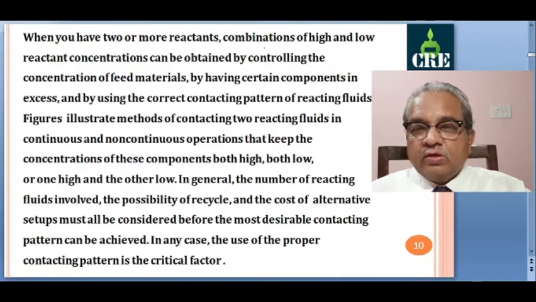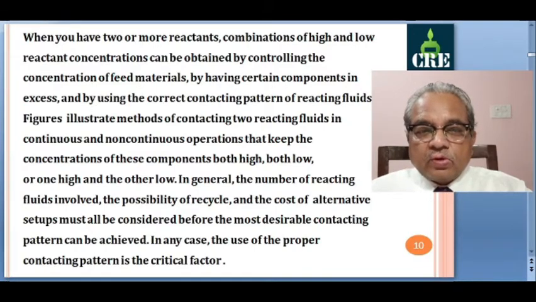Now when we have two or more reactants, we have seen A gives R and A gives S, where only one reactant was there. When we have two or more reactants, a combination of high and low reactant concentrations can be obtained by controlling the concentration of feed material. So you have to control the concentration of feed material by having certain components in excess, or by using the correct contacting pattern of the reacting fluids.